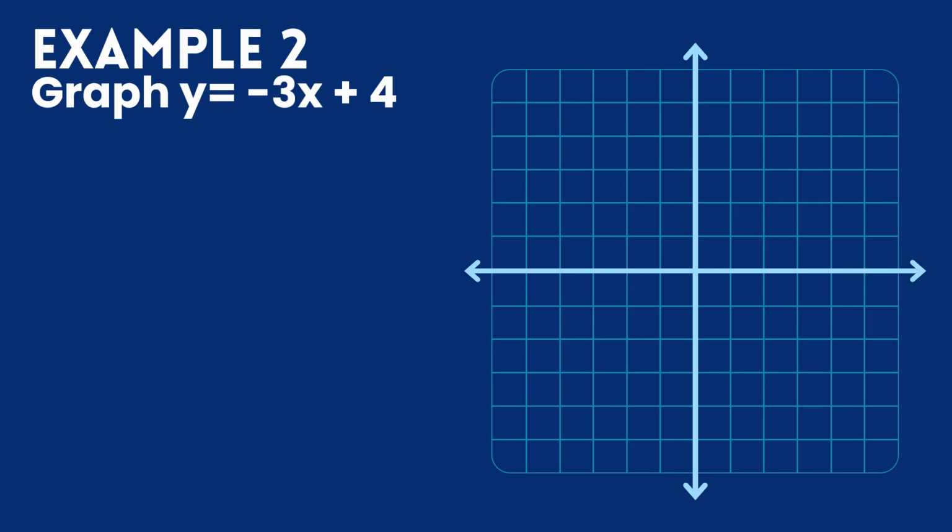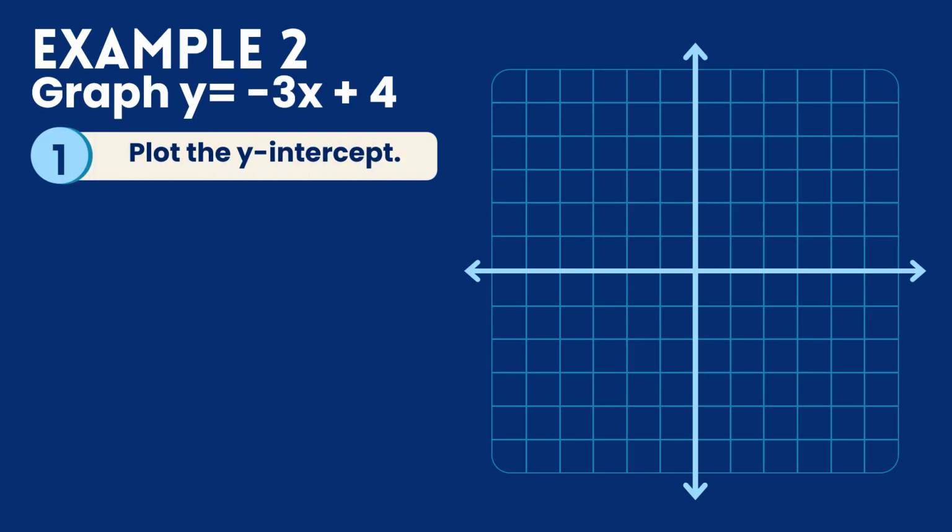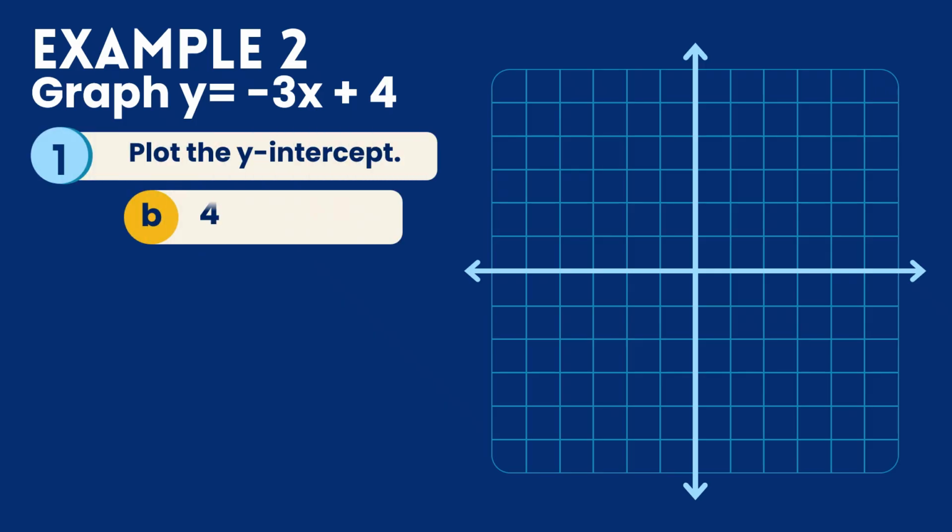Example 2. Graphing the line y is equal to negative 3x plus 4. In this example, we will graph the equation y is equal to negative 3x plus 4 using slope-intercept form. First, plot the y-intercept, which is b is equal to 4, giving the point (0, 4) on our y-axis.